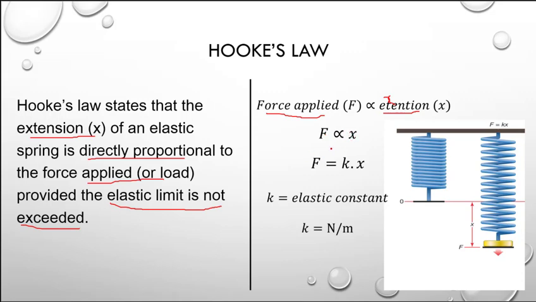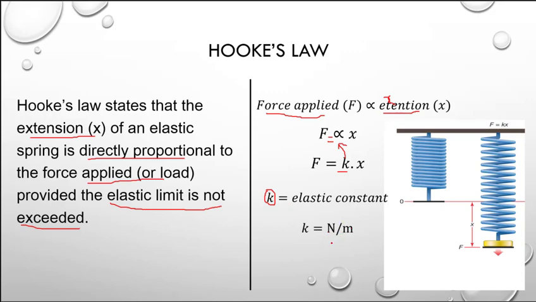Putting it in mathematical form, putting an equation in this place, K is going to come in, that is the constant. So when K comes in, you are now going to have F, which is the force applied, equals K multiplied by x, where x is the extension. The K there stands for elastic constant, and it is represented in Newton per meter.